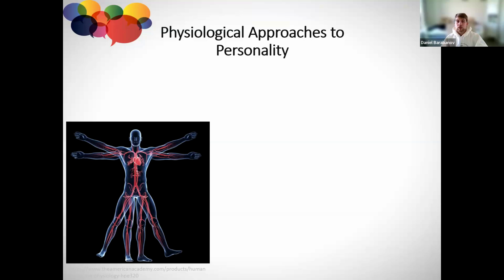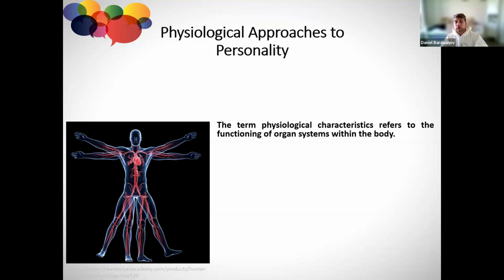In this video, we will discuss different physiological theories of personality. To start, we need to understand the basic assumption of those theories, which they share in common. The term physiological here refers to the functioning of organ systems within the body. Mainly, we speak about the nervous system, of course.